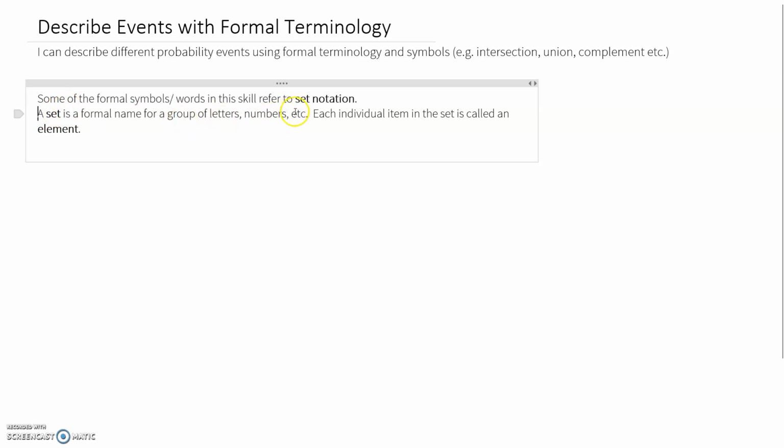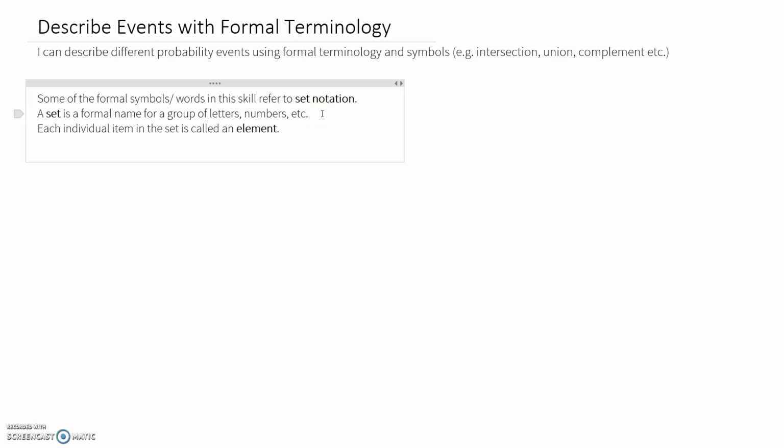Usually it's numbers in maths. And each individual item in the set is called an element. So in the context of probability, a set is usually an event. It's a group of outcomes. And then each individual element is one of the outcomes. So rolling a 3 is an element in the set. The set is all the dice rolls that you could make.